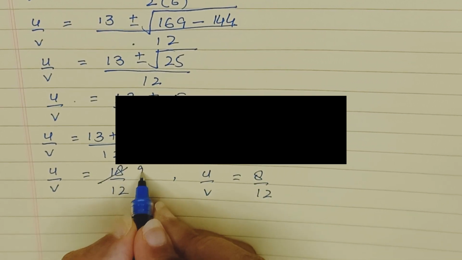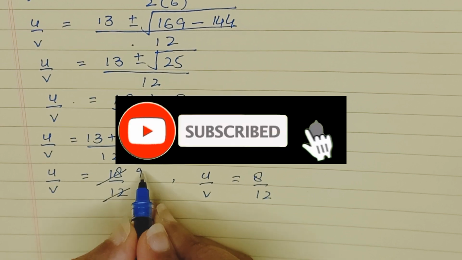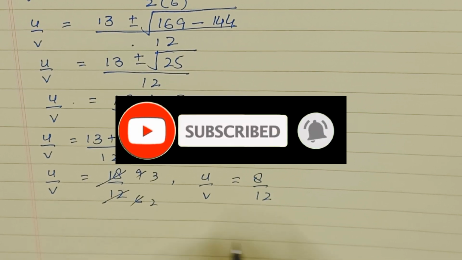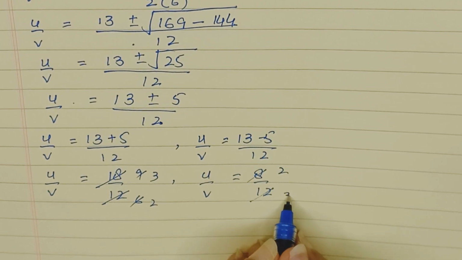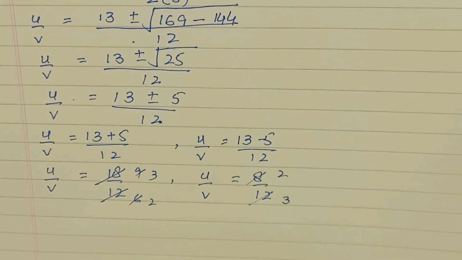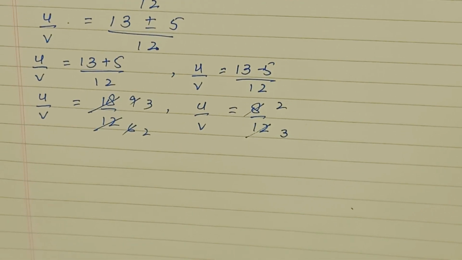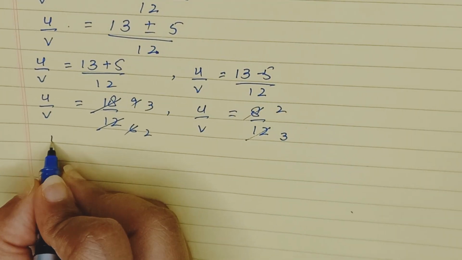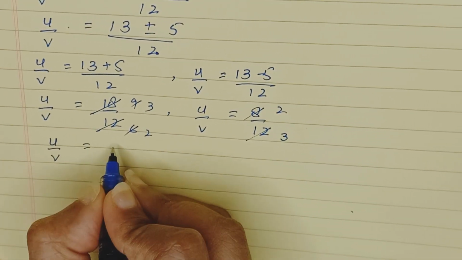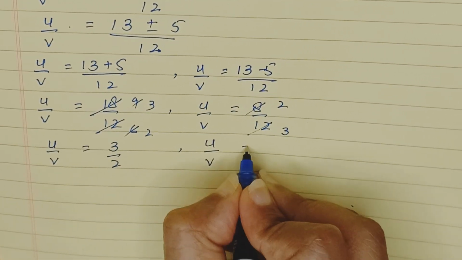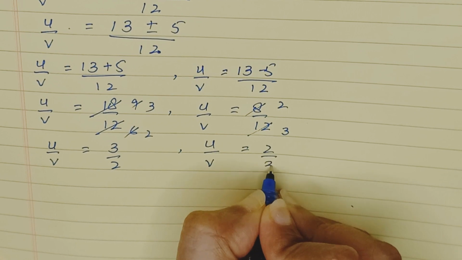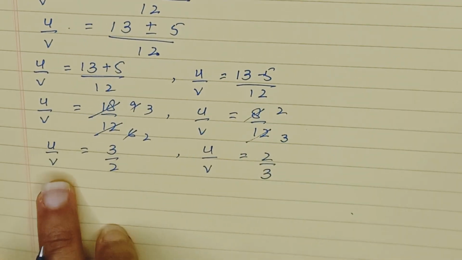Simplifying, 6 times 3 is 18, 6 times 2 is 12, and 4 times 2 is 8, 4 times 3 is 12. So from here we have u divided by v equal to 3 divided by 2, and u divided by v equal to 2 divided by 3.